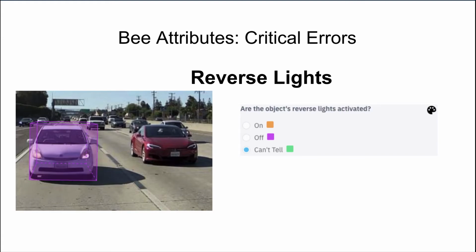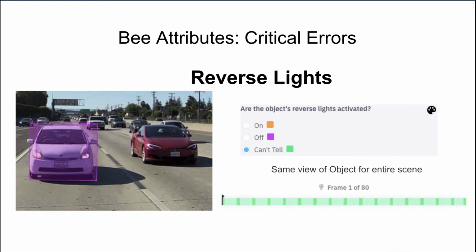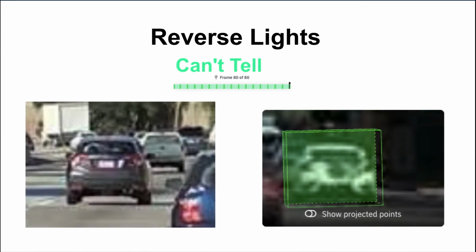Okay, cool. So here is the better example. Reverse lights are not visible in the camera view for all the frames in this instance. So we're gonna put can't tell because it's the same view of the object for the entire scene. Here are some other examples of when we can't tell what the reverse light status is.